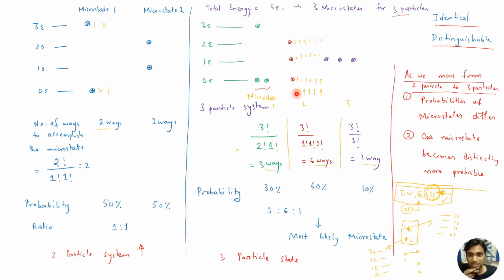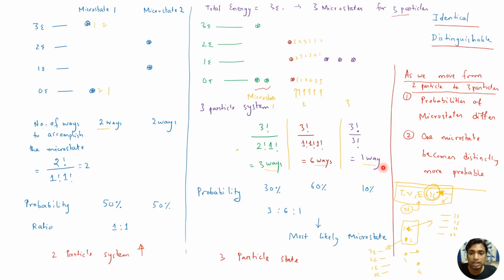I hope that is clear. So there are 10 possibilities in total: in 3 ways one microstate can be obtained, in 6 ways another microstate can be obtained, and in 1 way the other can be obtained.